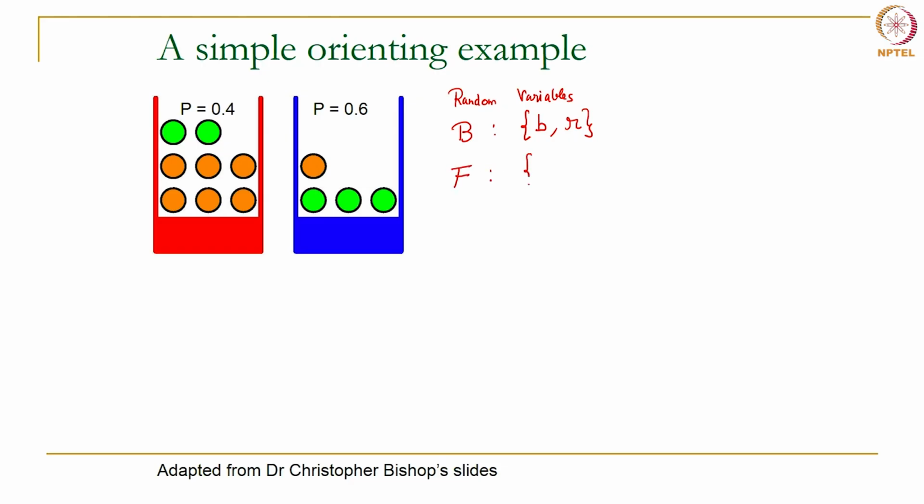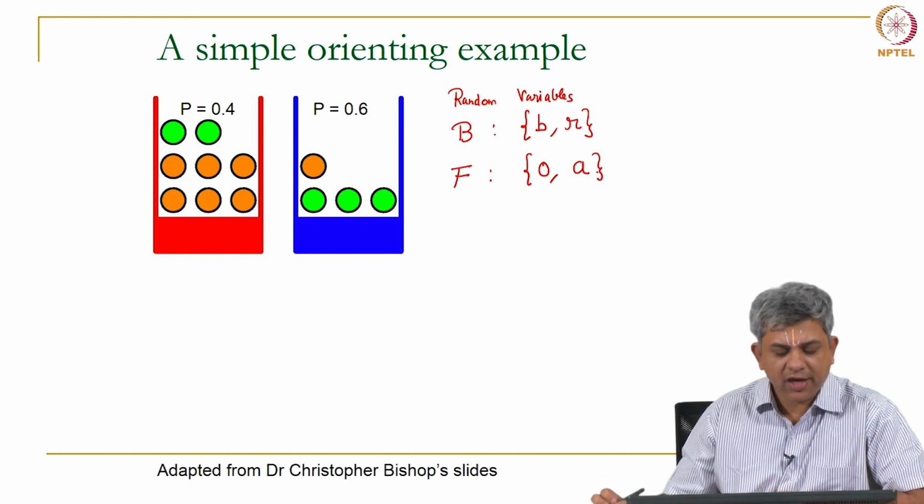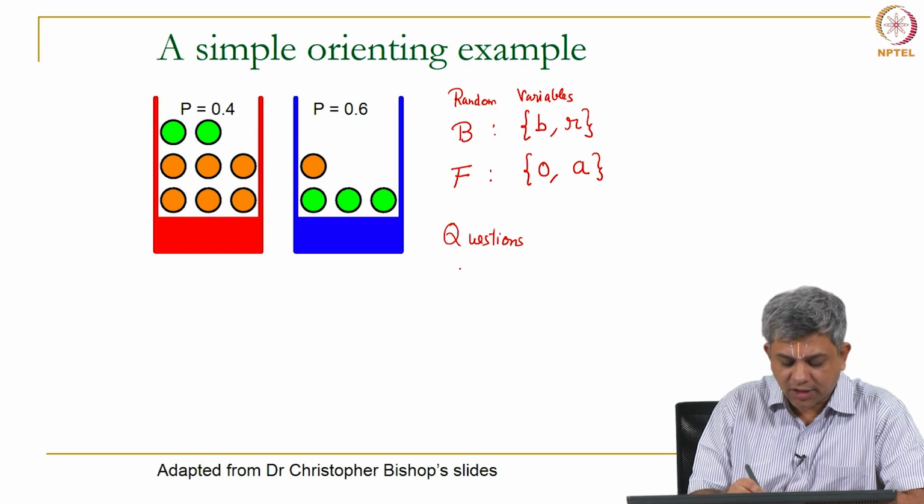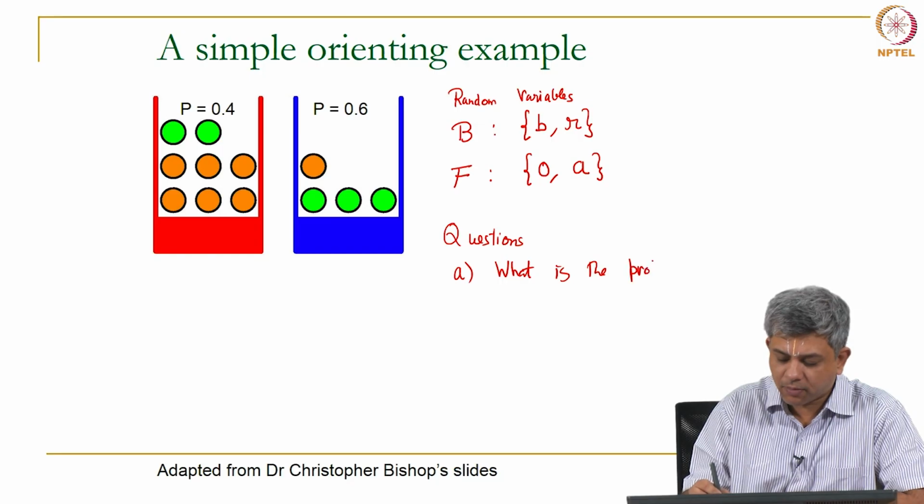Amongst fruits you can either pick oranges or you can pick apples. So, now we can ask multiple questions. For example, you could ask what is the probability of picking an orange.